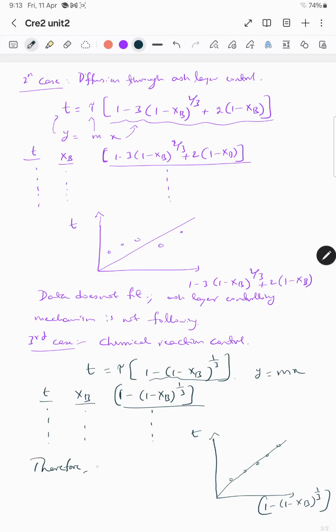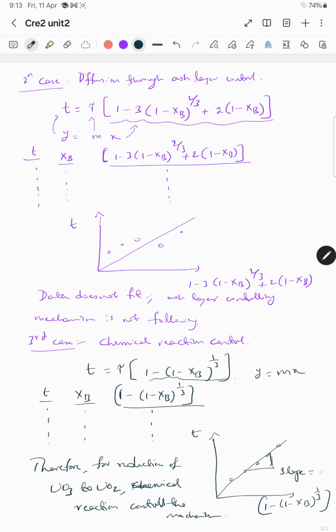Therefore, for the reduction of UO3 to UO2, the chemical reaction controls the mechanism. For the same linear line, find the slope. This slope is equal to tau, because in this expression tau is nothing but the slope.